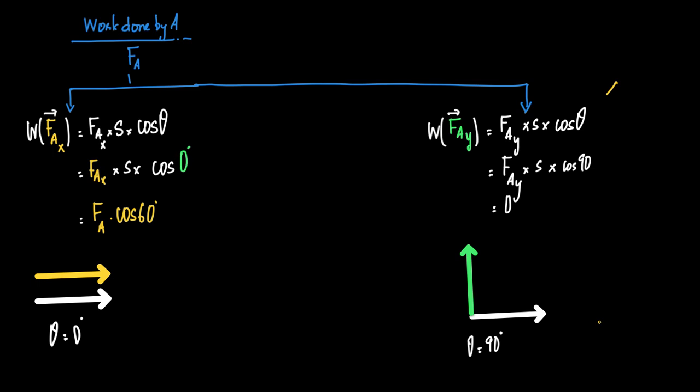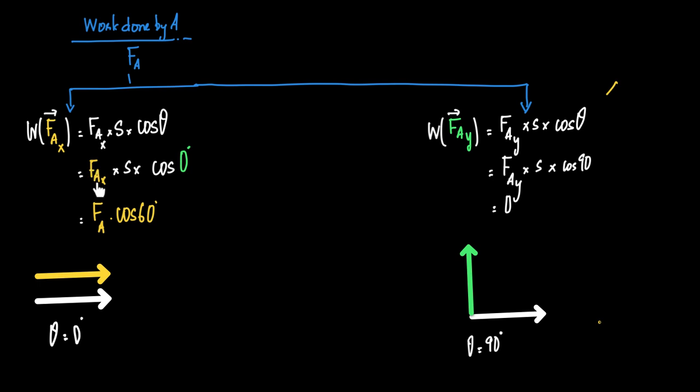Now this is what I was saying, theta is not the same as given in the question. Now, what is theta here? Theta here is 0 degree. Why? Because theta is the angle between the component of force, which is Fax, and the displacement vector. So displacement and the horizontal component, both of them are in the same direction. Therefore, the angle between them is 0 degree, and therefore this cos theta is cos 0, which is 1.